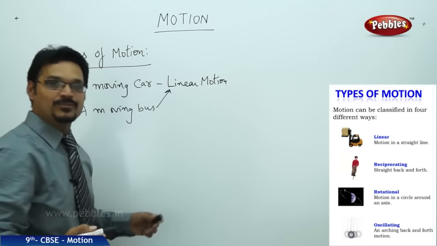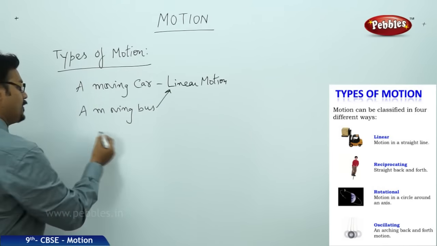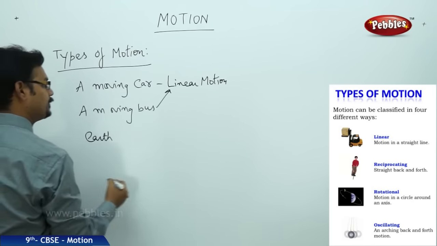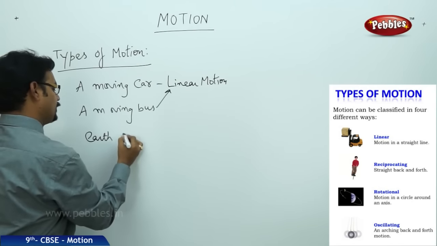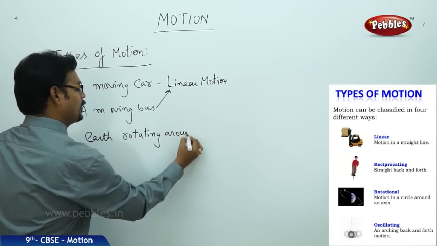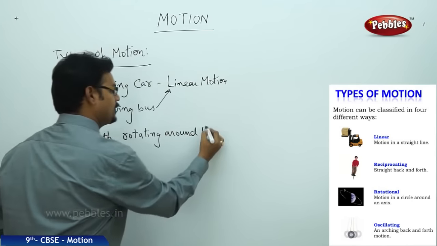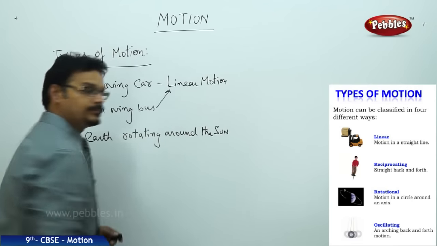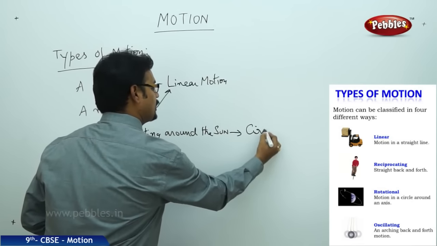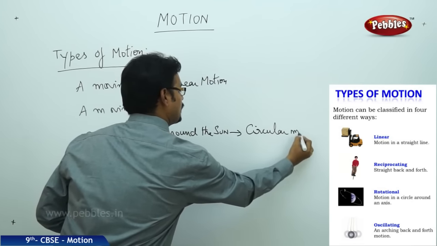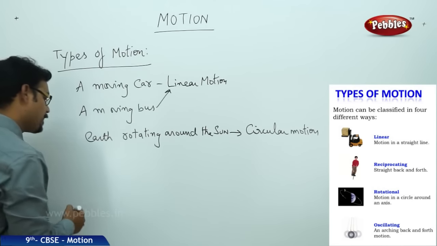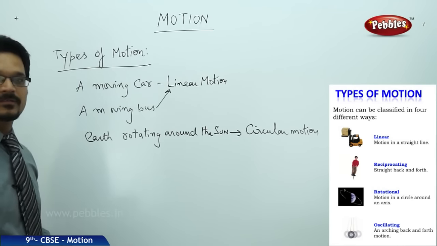It is again linear motion. Earth rotating around the sun, what type of motion? Yes, it is circular motion.